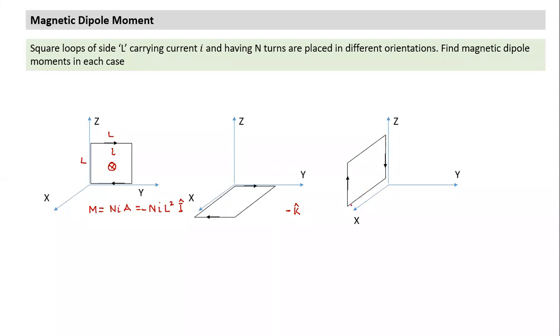ZX plane. So which direction? It is always perpendicular. So what is the direction perpendicular to the ZX plane? J cap. Is there only one direction or two possible directions? Yes, two. So we need to find the correct direction. First, I understand it would be either plus j cap or minus j cap.